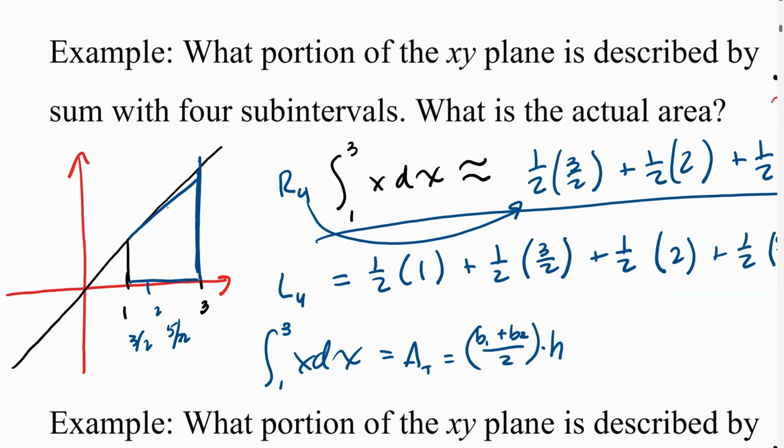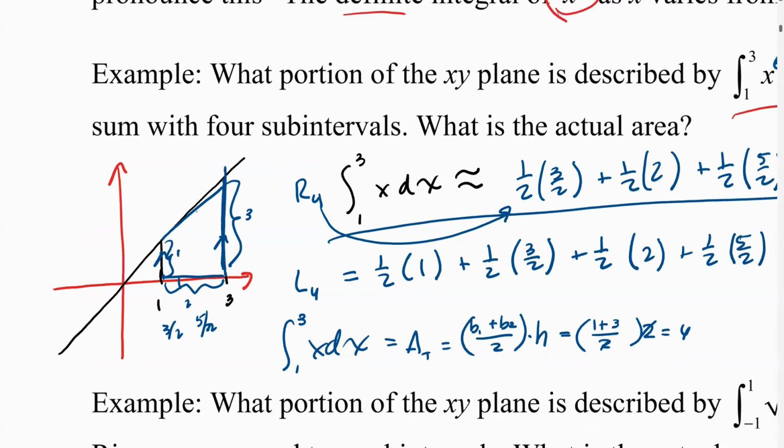Now, the height is this distance between 1 and 3, because here are two parallel sides, and height is always the distance between the two parallel sides. The height is going to be 2. Base 1 is right here, which is 1, and base 2 is 3, the two parallel sides. So 1 plus 3 over 2. These two cancel, and I get 4.